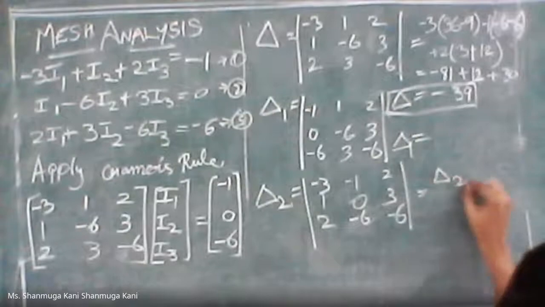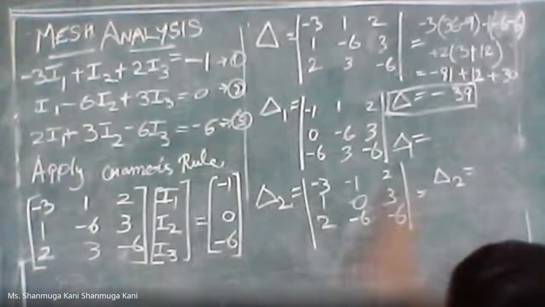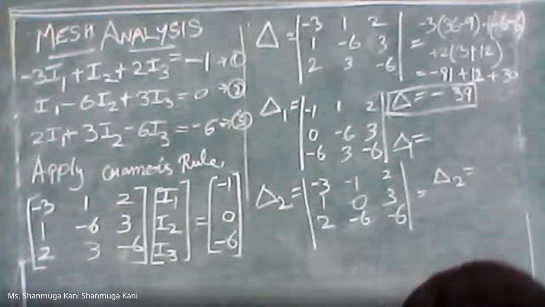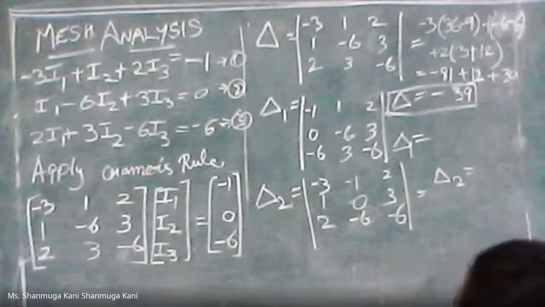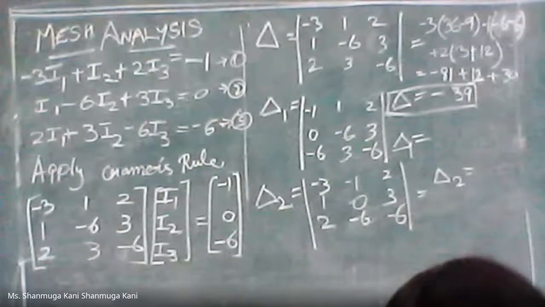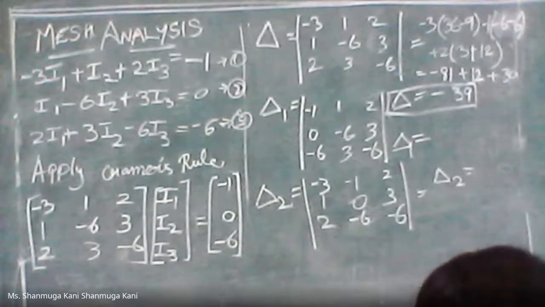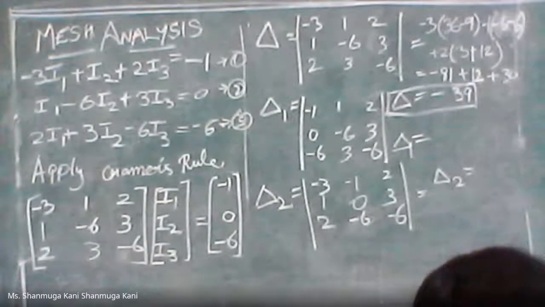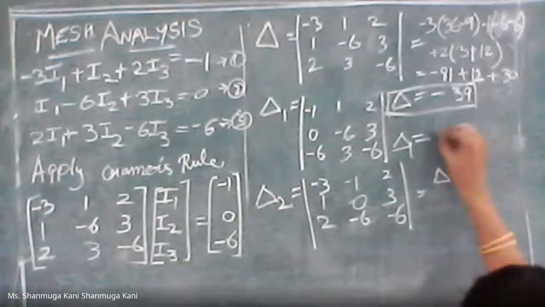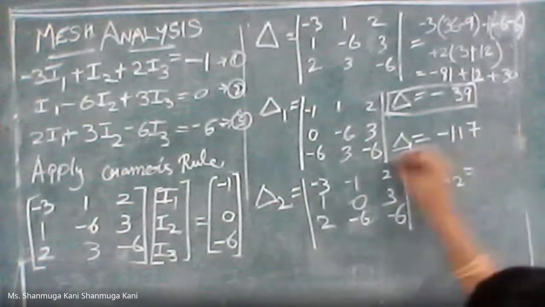Can anyone tell me the del 1 value? Del 1 value is minus 117.